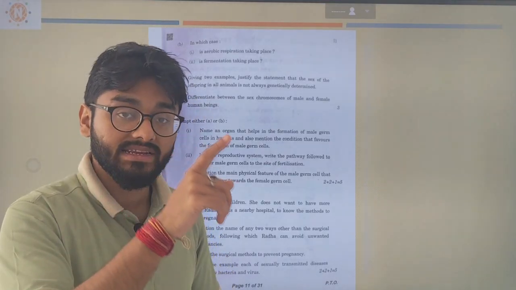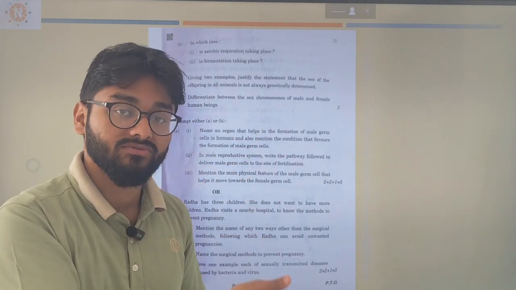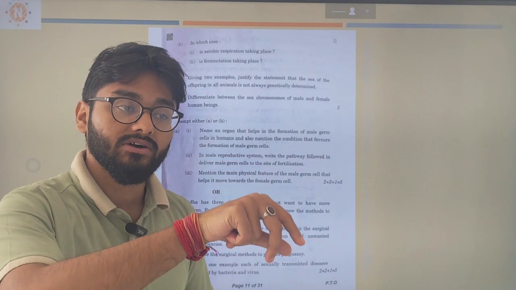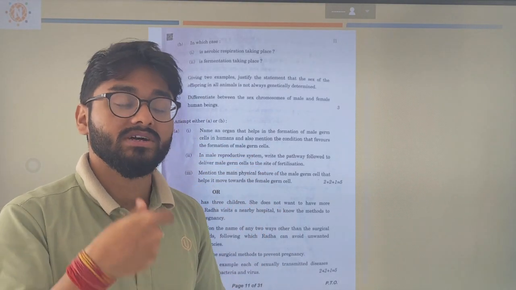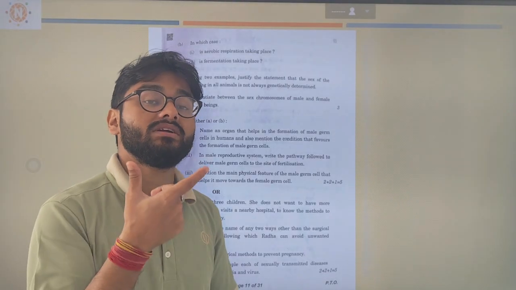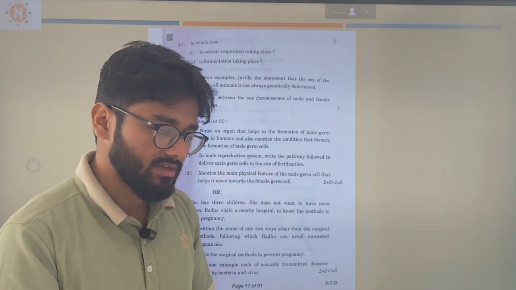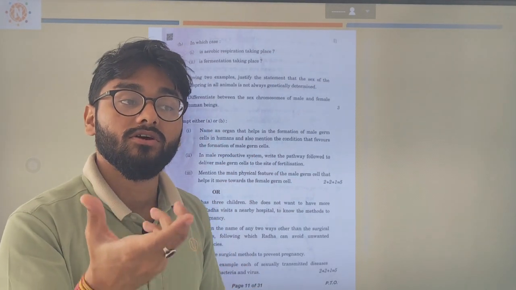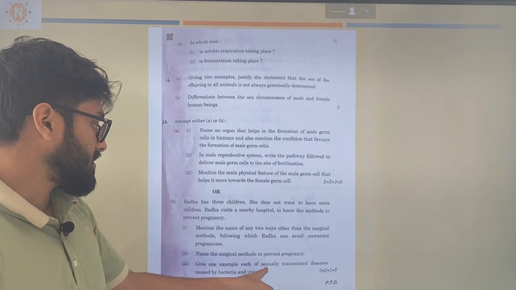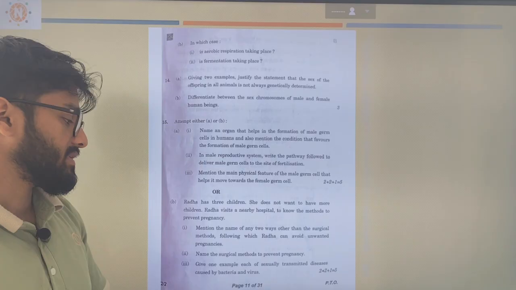That will be, in case of males, vasectomy, that is cutting out a portion of the vas deferens, and for females it will be cutting out a part of the fallopian tube, that is called tubectomy. Okay, there is one more method that is called hysterectomy, that is the surgical removal of your uterus.